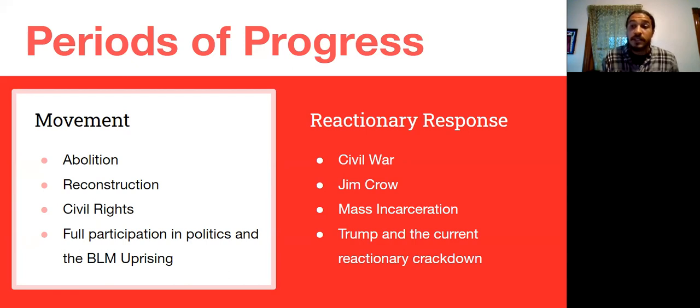You had civil rights, and the response was mass incarceration all the way up until Bill Clinton and even Obama. And then you had full participation in politics in the BLM uprising, which led to Trump and the current reactionary crackdown.